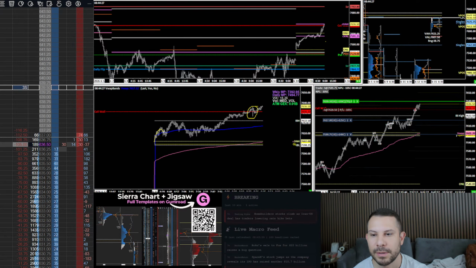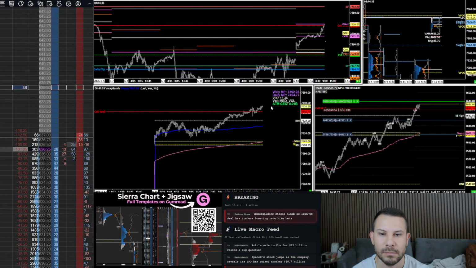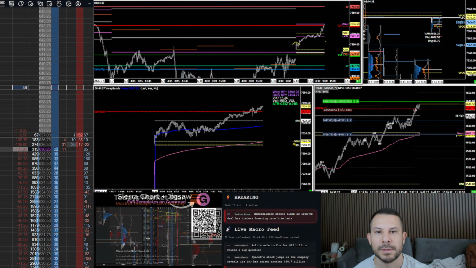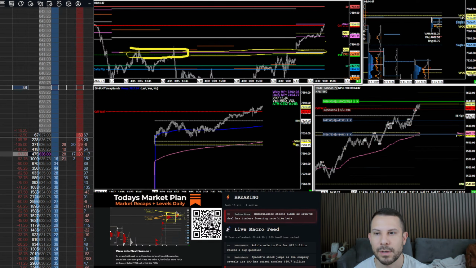Everything else has just been low churn and burn. Most of the move happened overnight, right? During this period. Gap and go. Gapped over all of this. It was resistance a couple times. Gapped over it.